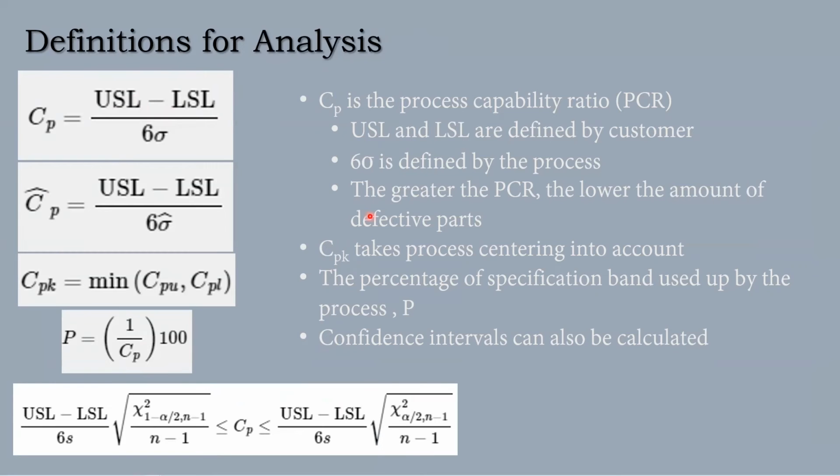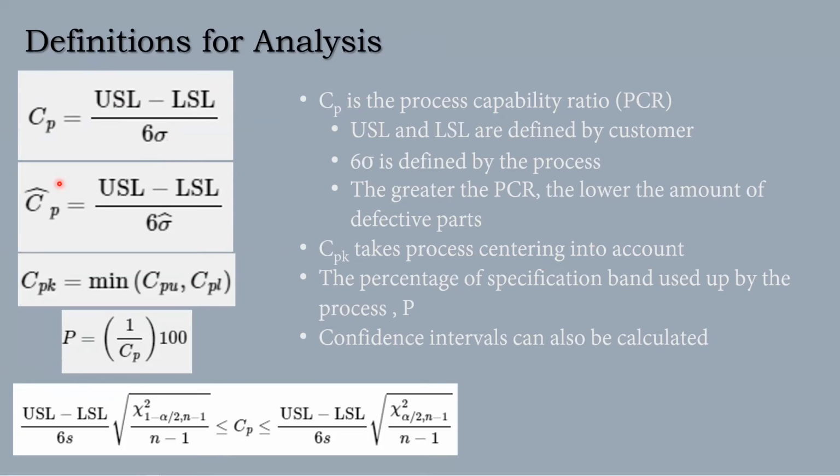The greater the process capability ratio, the greater the amount of conforming parts produced by a given process. The upper and lower specification limits are defined by the customer, and the standard deviation is defined by the process. In practical applications, the standard deviation is estimated using the sample standard deviation.